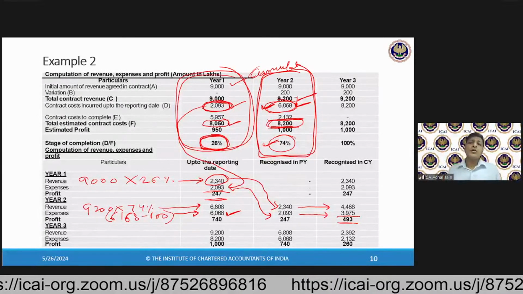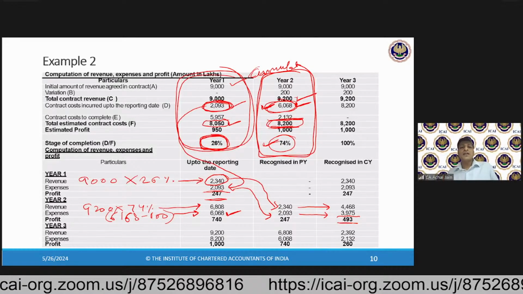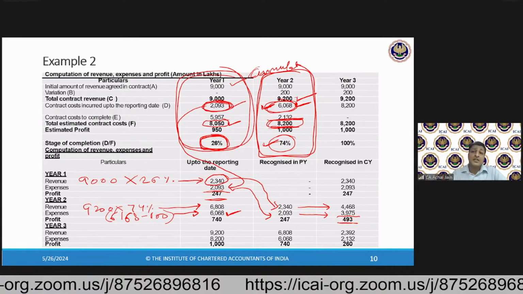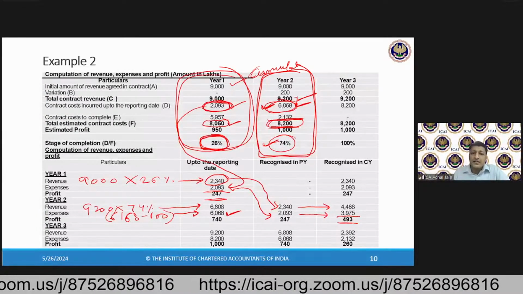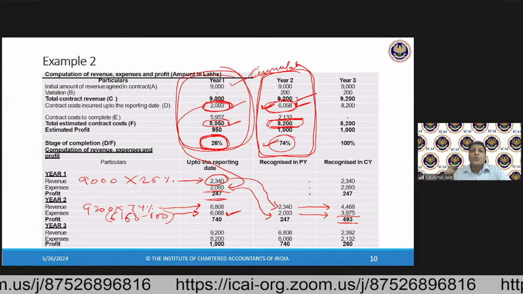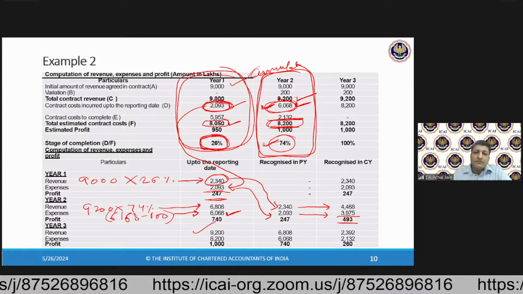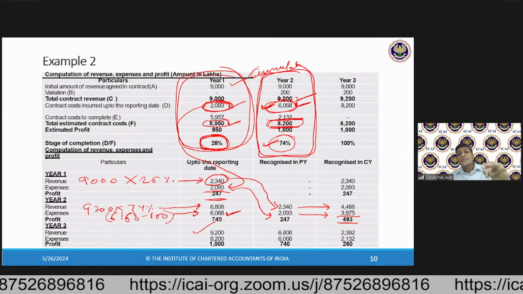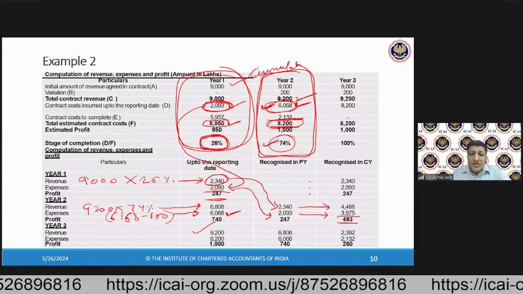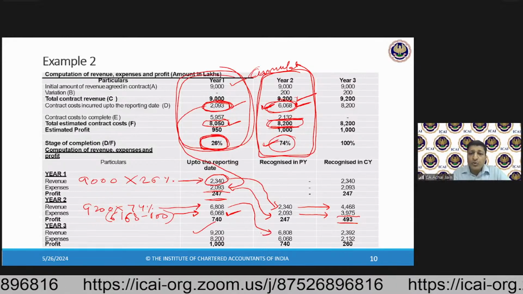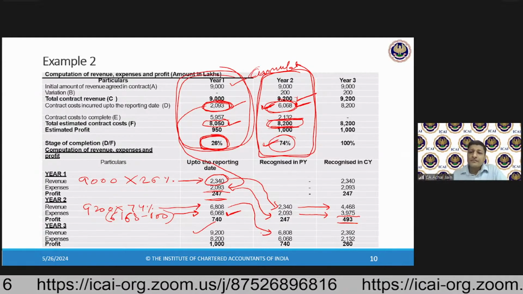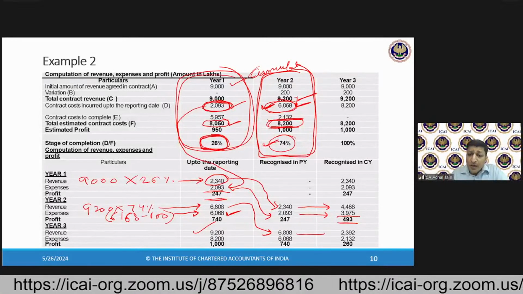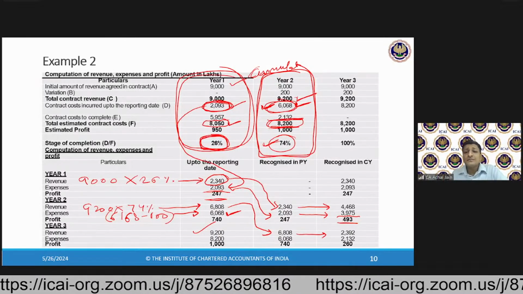So now moving on to the third year, I think third year will become relatively simpler. Why? Because in the third year, project will be 100% completed. So in the third year, what is going to be the amount of total revenue? 9,200. Out of which revenue equivalent to 6,808 was recognized up to year 2. So in year 3, the amount of revenue is 2,392.